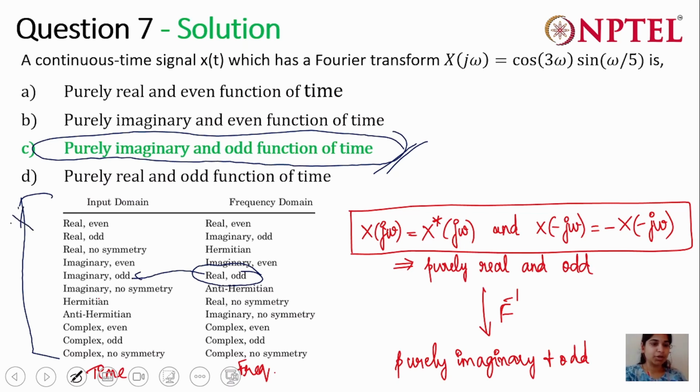This is very important for you guys to know. So for different types of signals in the input domain, what will that signal be in the frequency domain? That you can get from this table, and inverse also.